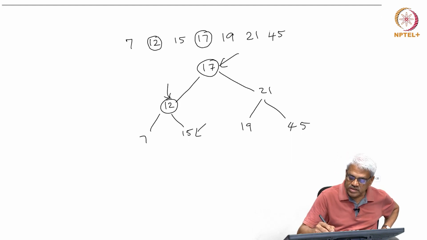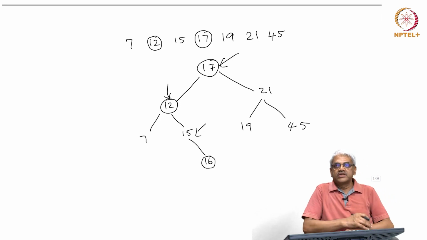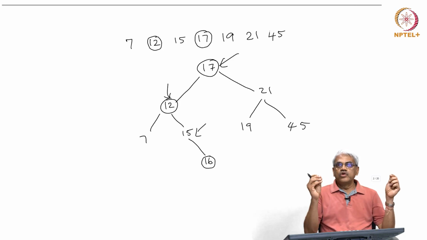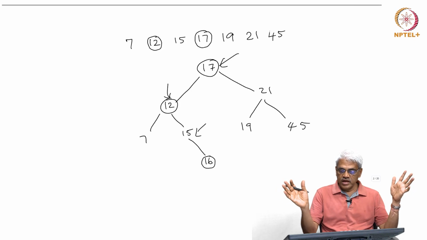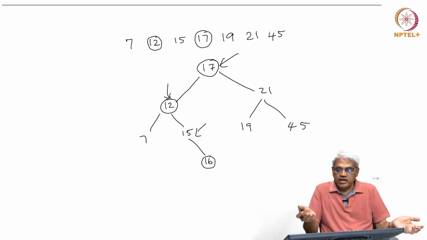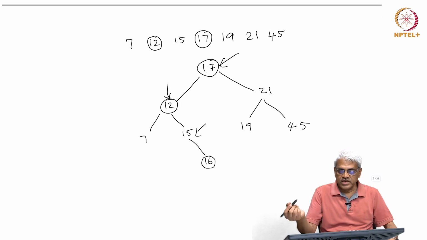But here is a bonus. It tells you that if 16 had to be there, it has to be here. So I can just add it as a right child of 15. No pushing and moving the elements like I would do in a sorted array, and I seem to be done. So if I search for the element and it's not there, I just insert it.